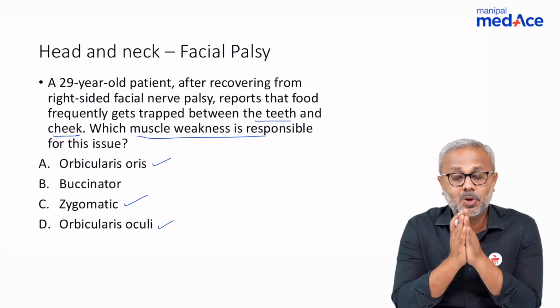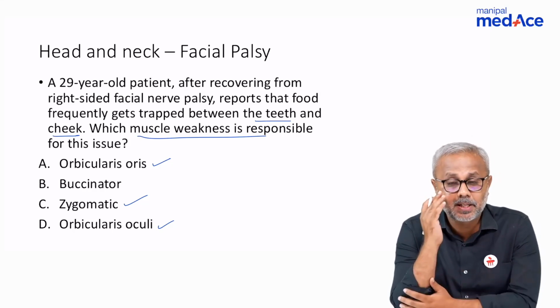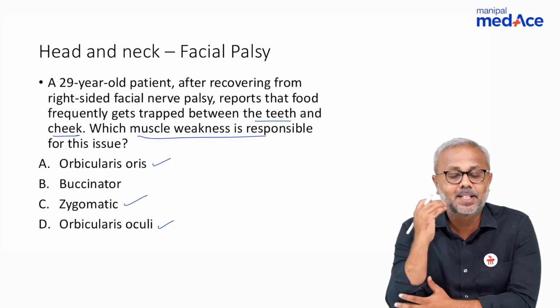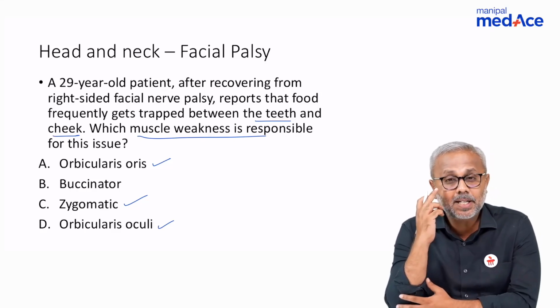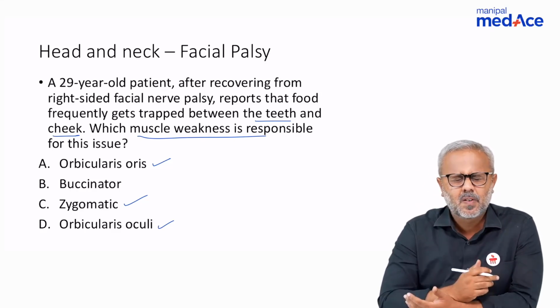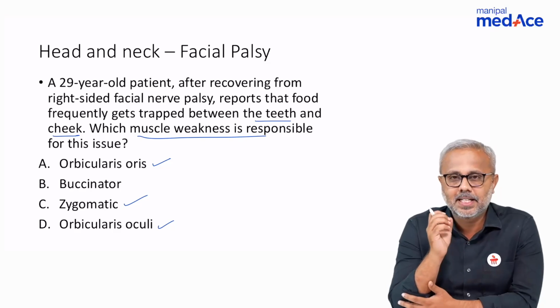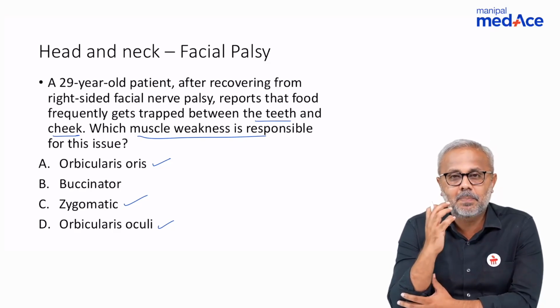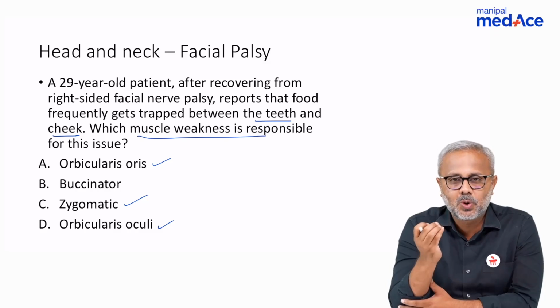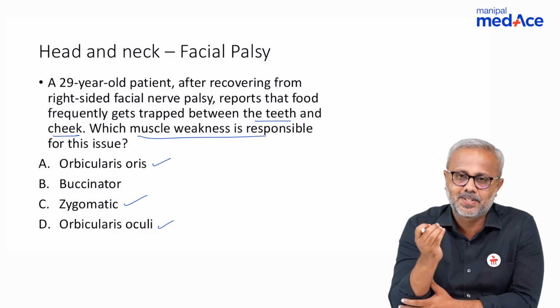When it contracts, there are multiple functions. Remember, there is an orbital part, a palpebral part, and a lacrimal part. When the orbital part contracts, it results in forceful closure of the eyelids. When the palpebral part contracts, it results in gentle closure of eyelids, as in blinking. Whereas when the lacrimal part contracts, it results in improved drainage of tears.